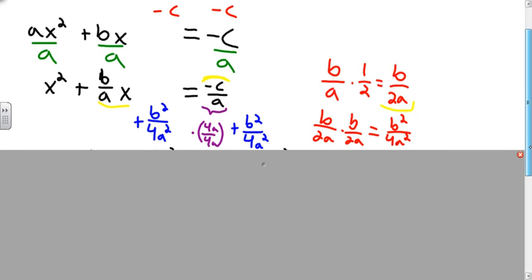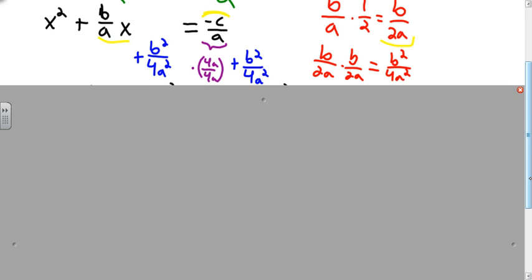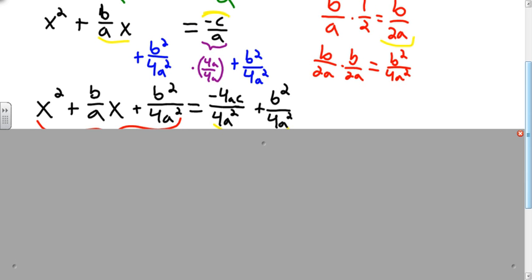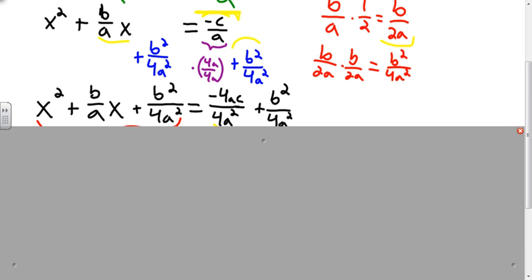So we'll move this down, get a little more work in here. Doing that gives us x squared plus b over a x plus b squared over 4a squared equals negative 4ac over 4a squared. That was our original term that we multiplied by 4a over 4a, and still plus this b squared over 4a squared.